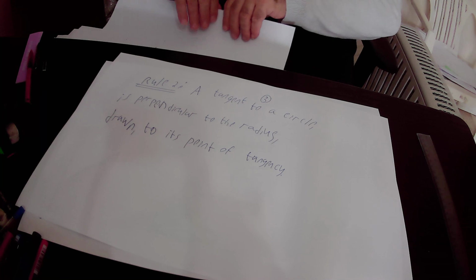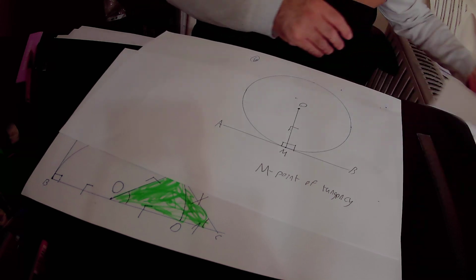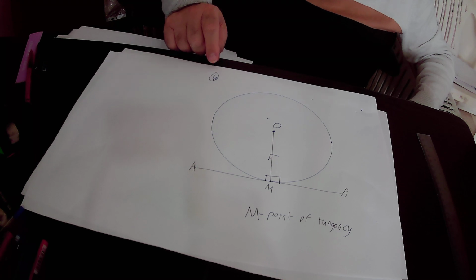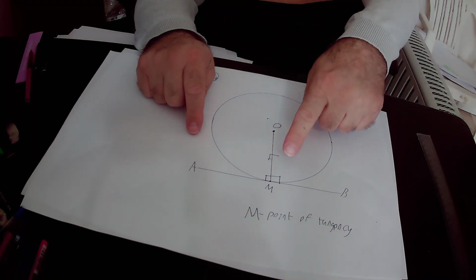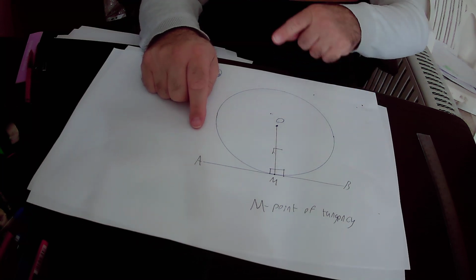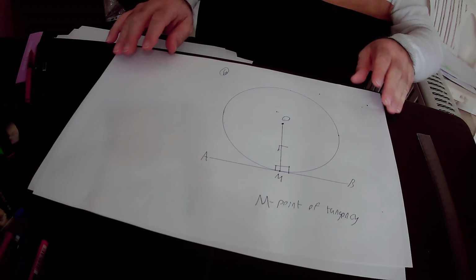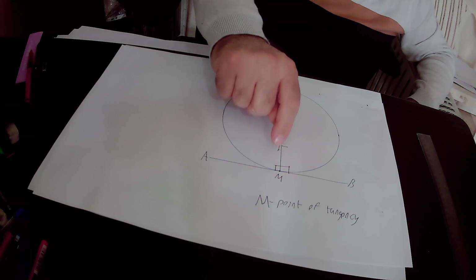So what is the meaning of rule number 2? The meaning of rule number 2 is that if you have this circle and tangent AB is tangent to this blue circle at point M, point M is the point of tangency, then the tangent AB will be perpendicular to this radius that is drawn to the point of tangency.